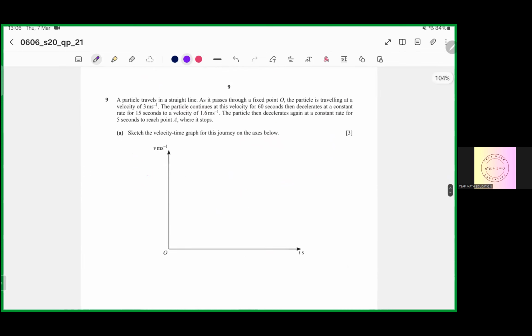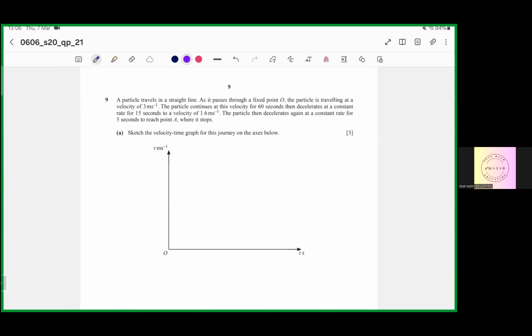Okay, now we look at question 9. Question 9 is actually a kinematics question. A particle travels in a straight line as it passes toward a fixed point O. The particle is traveling at a velocity of 3 meters per second.